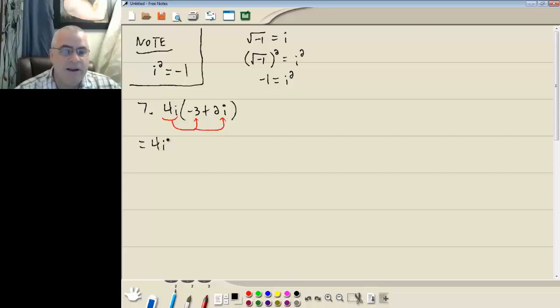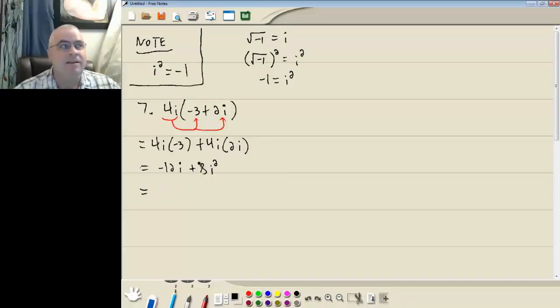So we got 4i times negative 3, and 4i times 2i. 4 times negative 3 is negative 12 with an i. Over here, 4 times 2 is 8, and we got i times i, which gives us i squared.